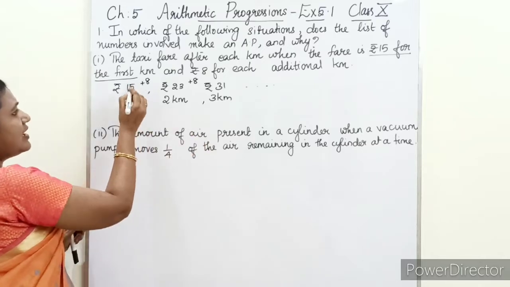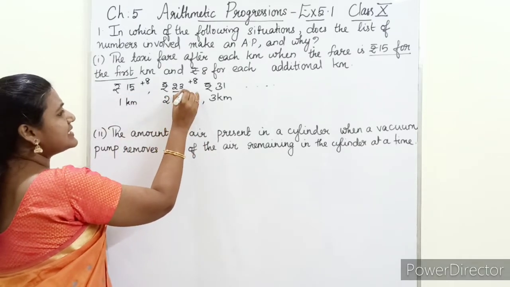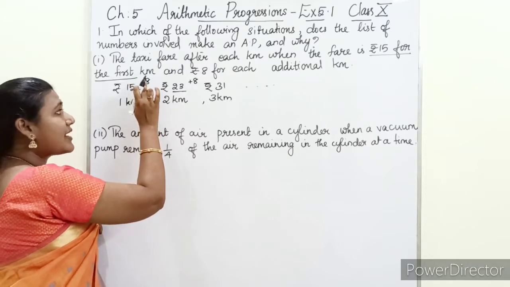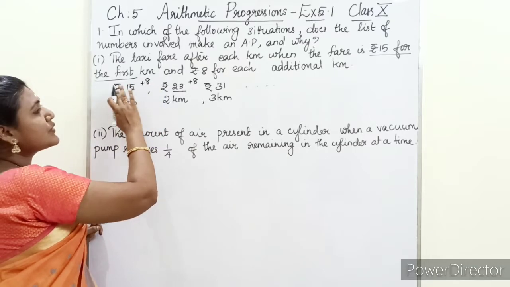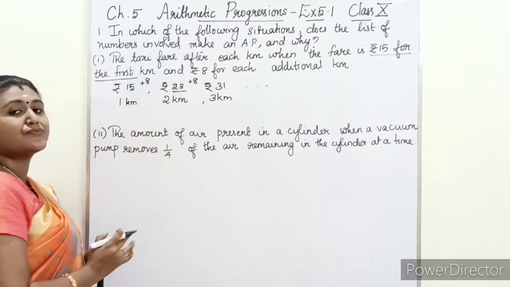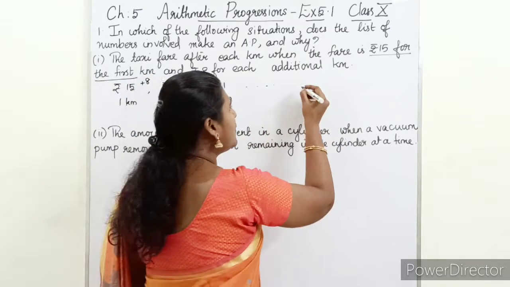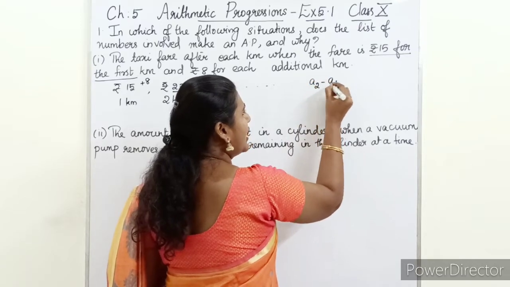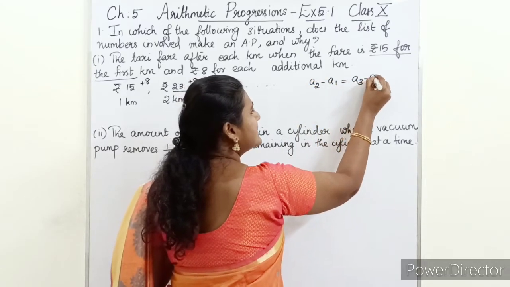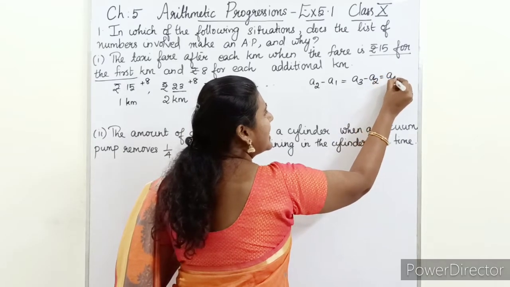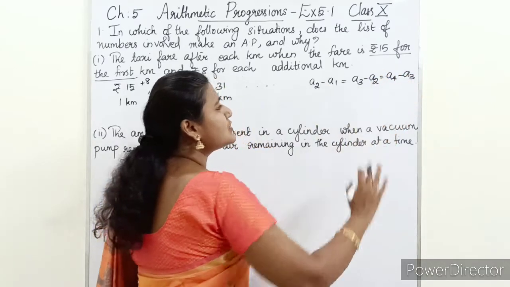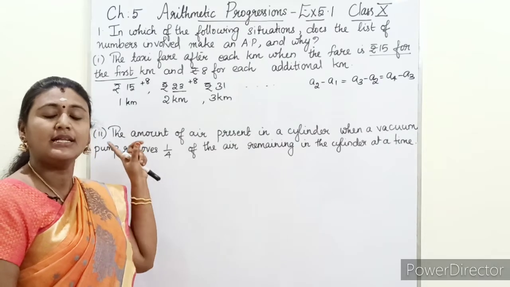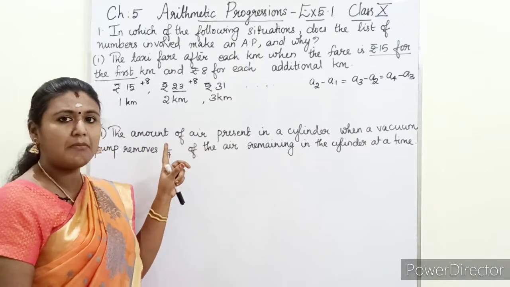Here the next term is obtained by adding the fixed number 8 to the previous term, so these numbers form an AP. As you studied in an example, if A2 minus A1, A3 minus A2 and A4 minus A3 are the same, then the given list of numbers forms an AP.